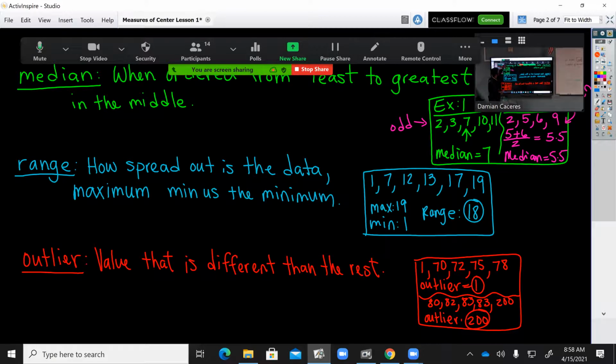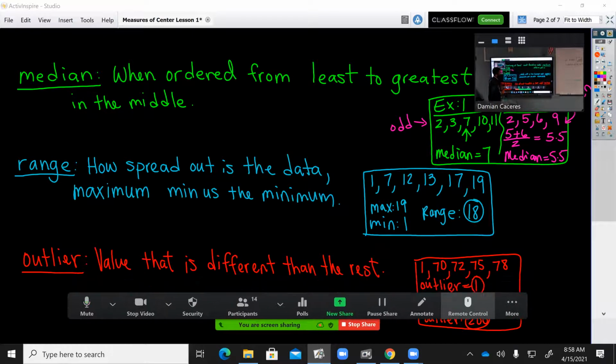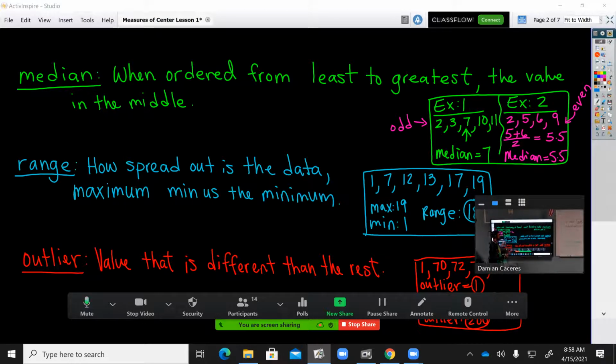All right, now we have here in green, median. Now, when ordered from least to greatest, that's the most important part because how are you going to know what's in the middle if it's not in order? You have to order from least to greatest. So when finding the median, you order from least to greatest and you just look for the value right in the middle.